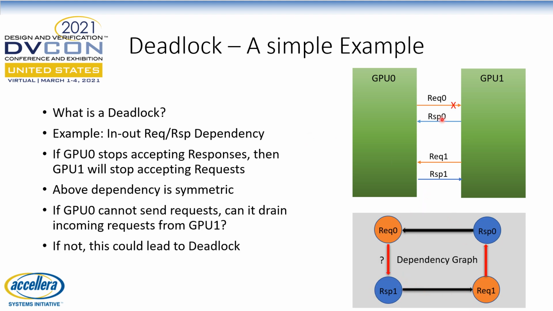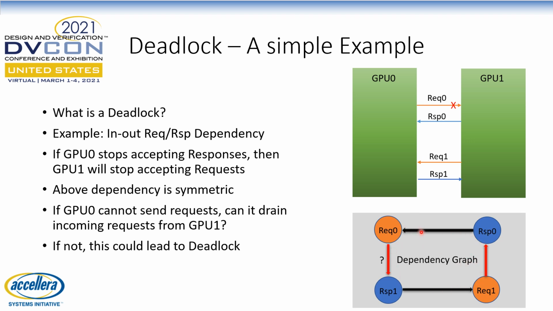The question now becomes that if we block the request 0 interface, then can the response 1 flow freely or not? Or is there a dependency? In other words, if you block this request, can the request and response coming into GPU 0 flow freely? If it cannot, and if this edge exists, then due to the symmetric nature of the problem, there will be an edge from request 1 to response 0, and then we'll have a cycle in this graph.